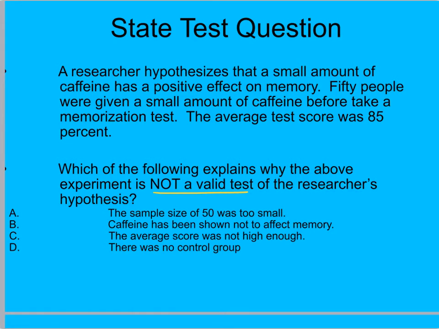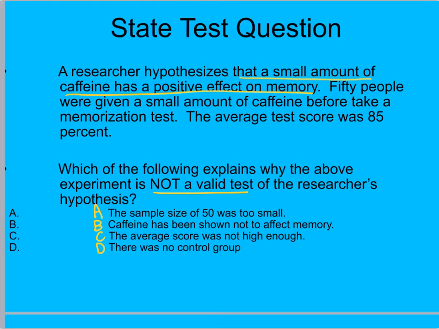So your hypothesis is that a small amount of caffeine has a positive effect on memory. So what makes this not valid? A, the sample size of 50 was too small. B, caffeine has been shown not to affect memory. C, the average score was not high enough. Or D, there was no control group.